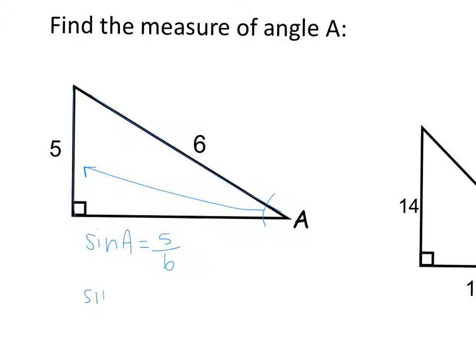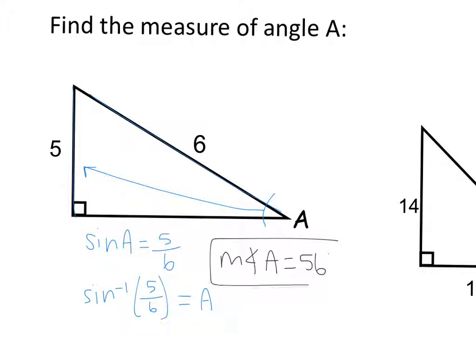So inverse sine of 5/6, again that's the side length, will equal the measure of angle A. So in my calculator I will type in second sine 5 divided by 6, round to the nearest degree, and I got 56.44, so that there would be 56 degrees, so the measure of angle A equals 56 degrees.